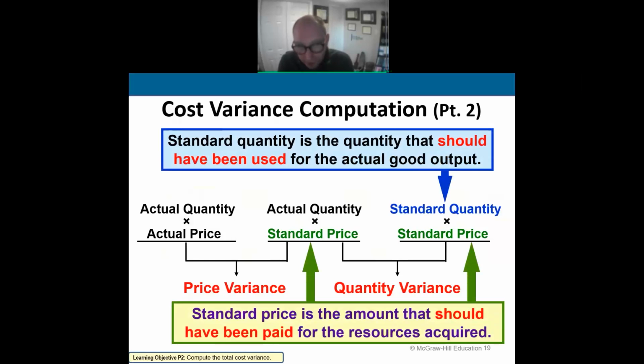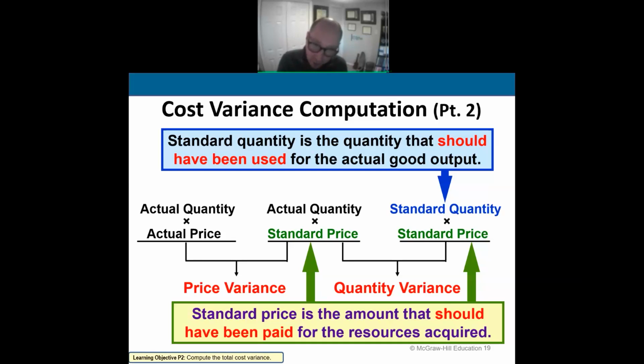So, the cost variance is the standard quantity that should have been used for the actual good output. It simply means I have an actual and I have a standard. The standard is what it should have been, my normal price, my normal quantity.